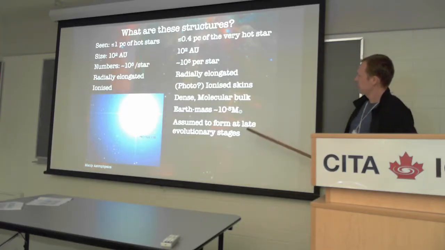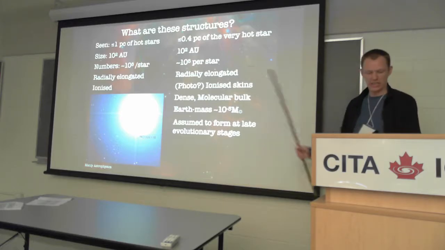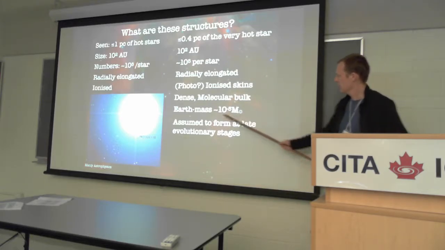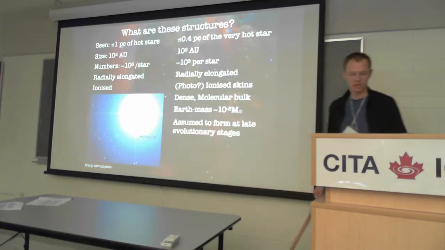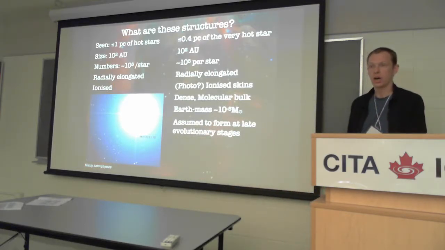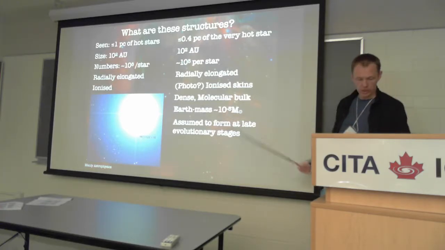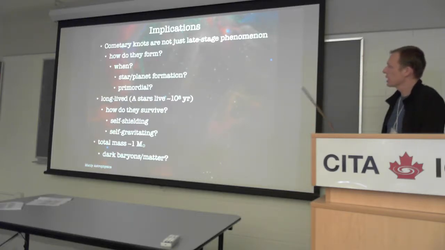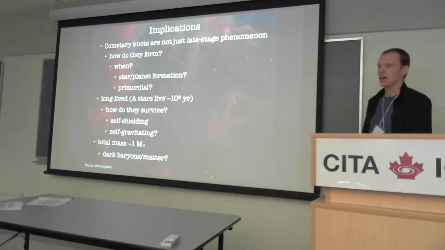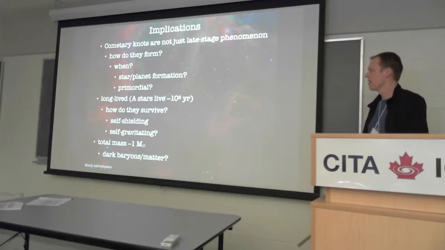Now, if these things are indeed the same, then that cannot be true for our objects which cause the IDVs, because we see them near hot stars which formed quite a while ago and have survived so far. So we really don't know what they are, how they form, or how they survive.